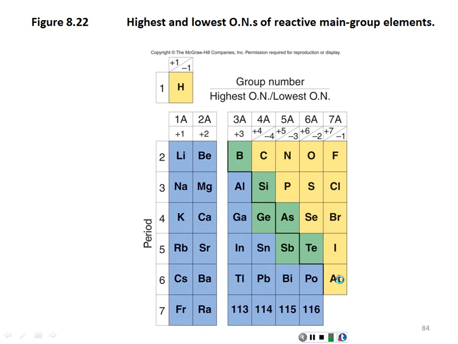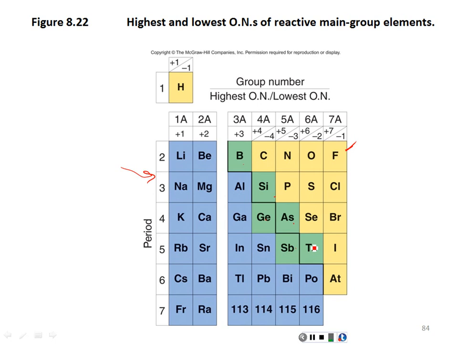So this is a good summary, figure 8.22, that shows you the metallic content of a particular part of the periodic table. The nonmetals here are shown in this yellowy color. The metallic elements are shown in blue, and what are known as metalloids are shown in green. They're in the transition between nonmetals and metals.